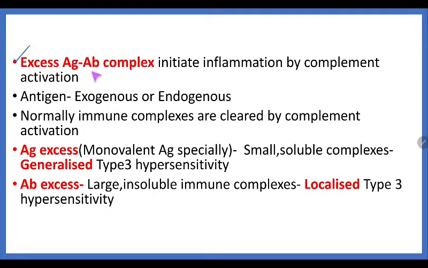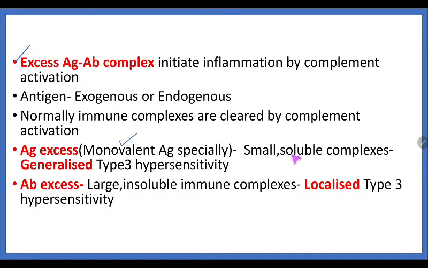So it is antigen antibody complex. So there will be antigen which is of exogenous or endogenous type. Basically, if at all an antigen is in excess, it is usually of monovalent antigen. That is, this antigen is monovalent, that means it is small. This antigen in excess will form small soluble complex.